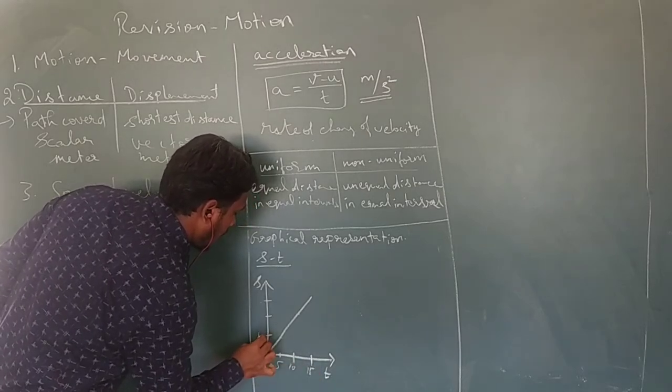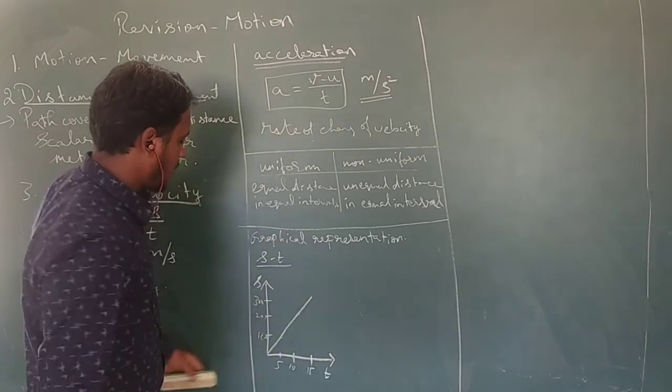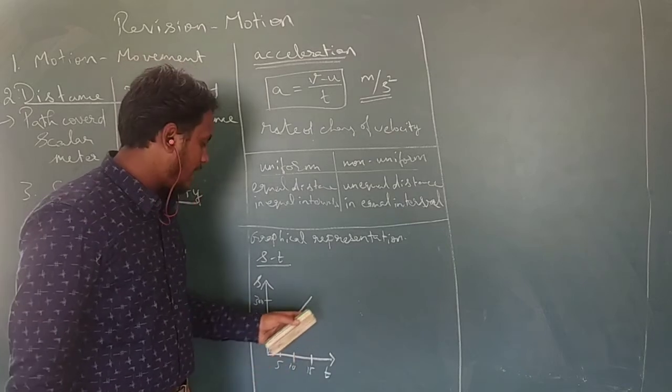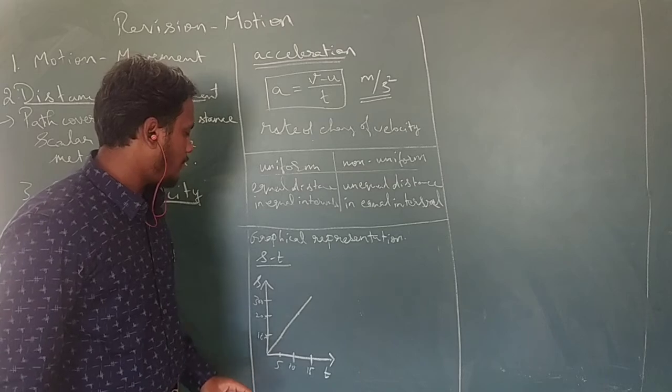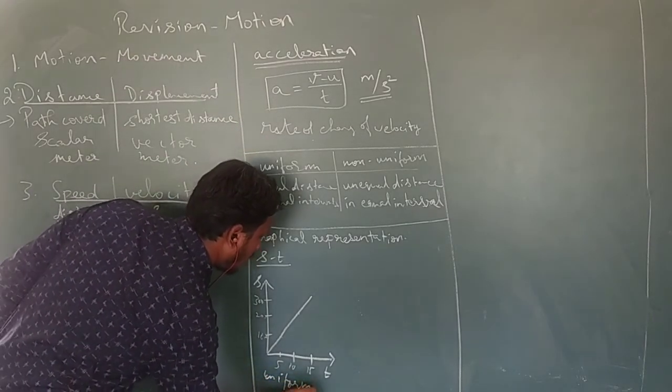If I mark all those points and join them, I will get a straight line like this. This is the representation of uniform motion.